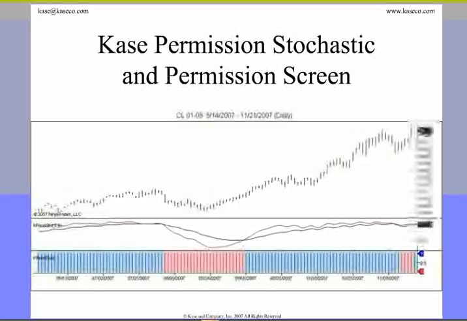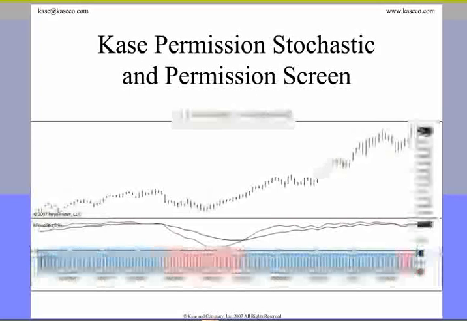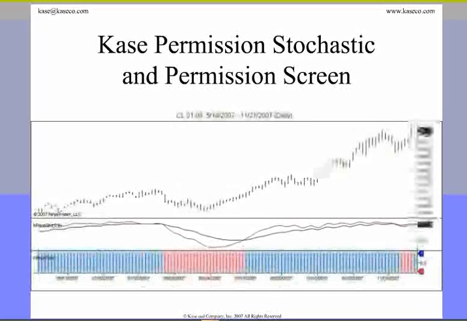The actual Kase permission screen and permission stochastic are built into the Kase Easy Entry System, but if there are users who didn't necessarily want to use the Kase Easy Entry System, but did like the idea of using a higher time frame filter built by synthetic bars, they could very simply add this Kase permission screen to their chart and see that there's a longer term permission long when it's blue or permission short when it's red.